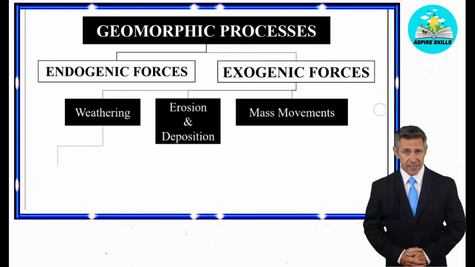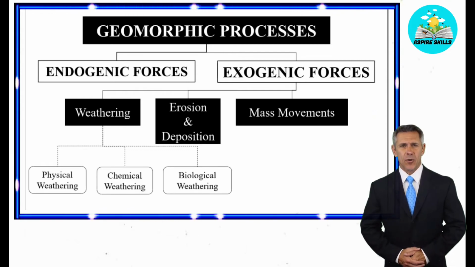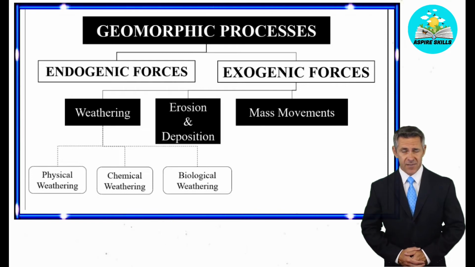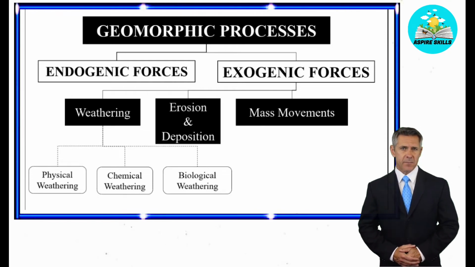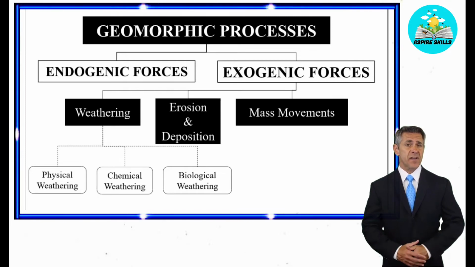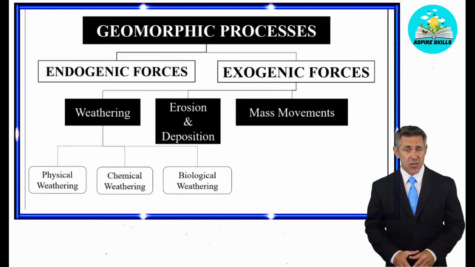There are three types of weathering, physical, chemical and biological. In physical weathering, rocks are decomposed and broken down by the action of temperature and physical forces. Chemical weathering also does the same thing with chemical reactions. In biological weathering, rocks are turned to fragments by flora, fauna and other microorganisms.